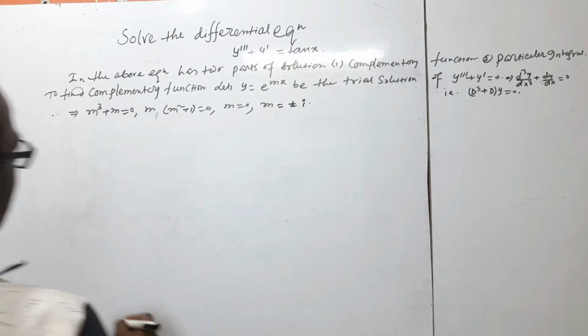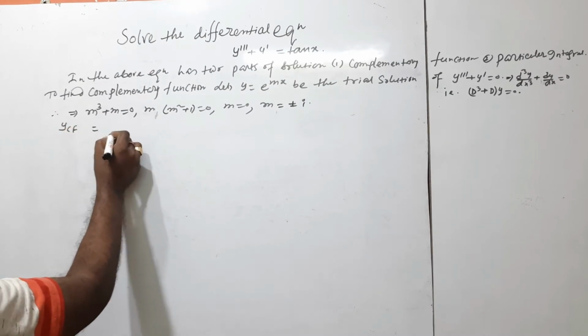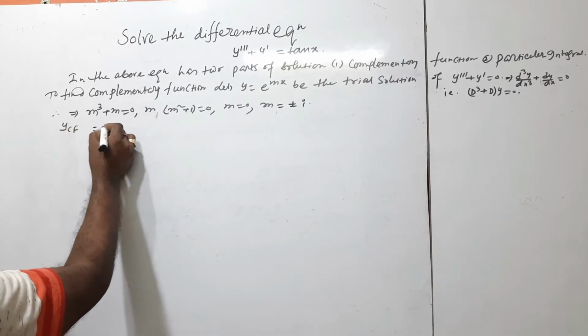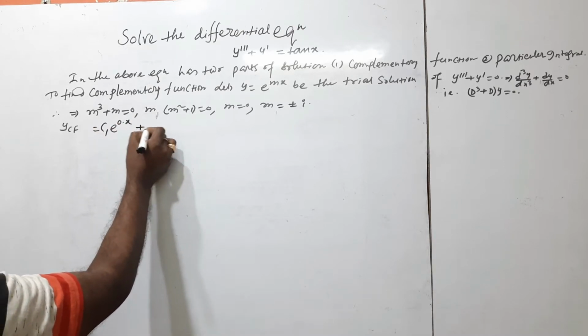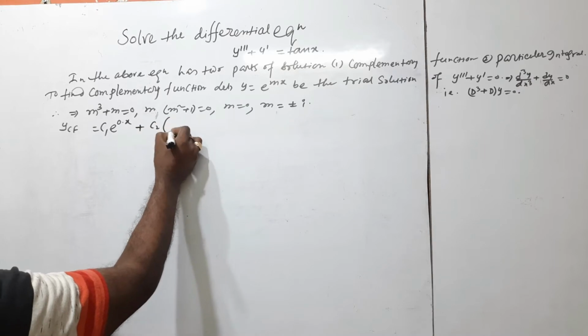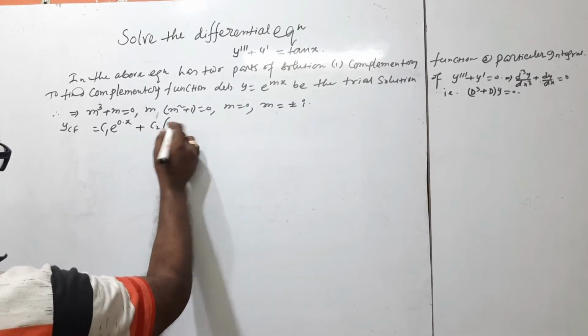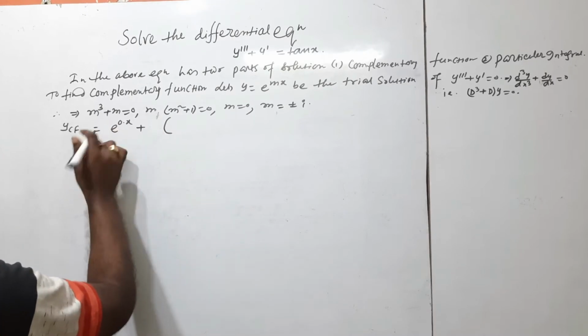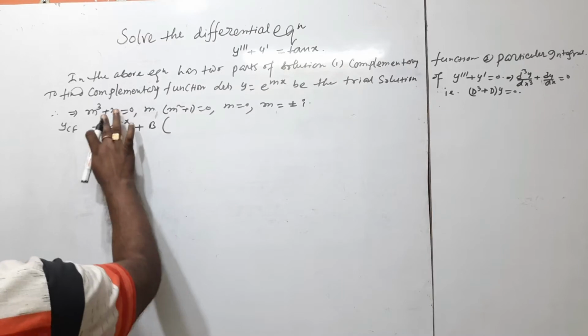Okay, therefore y_CF = c1 e^(0·x) + c2 (a1 cos x + a2 sin x). Let us assume b multiplies c2, then we get the coefficients.